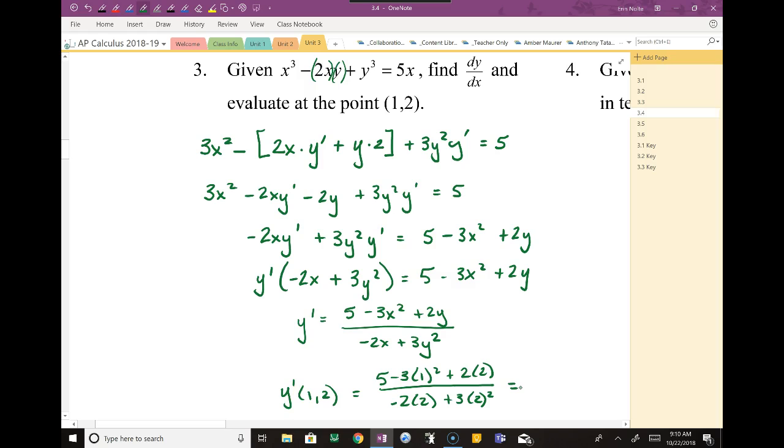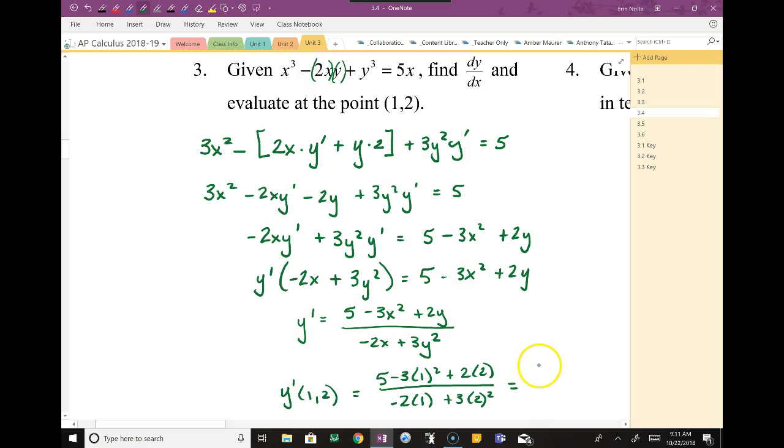So if we simplify that, on the top we have 5 minus 3. Wait, where are we looking at? Denominator, negative 2. Oh, the x is a 1. Good catch. That would be a different number. Thank you. So we got 5 minus 3, which is 2, and then 2 plus 4.